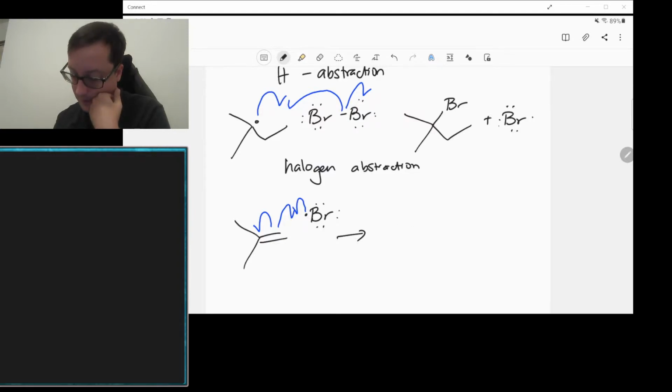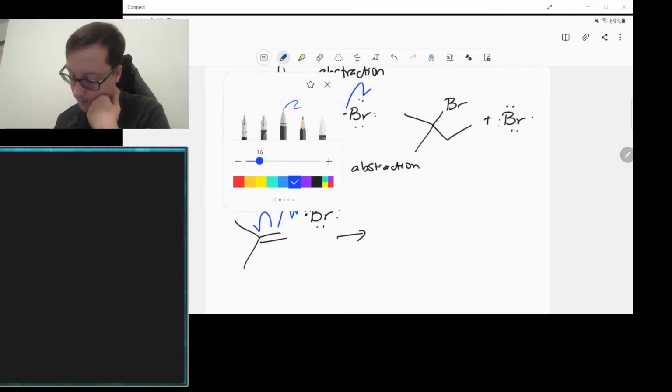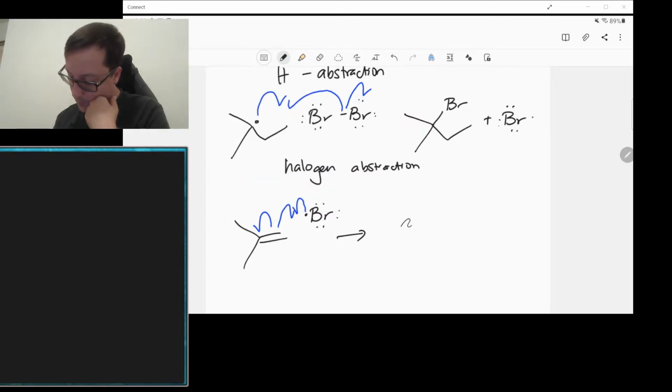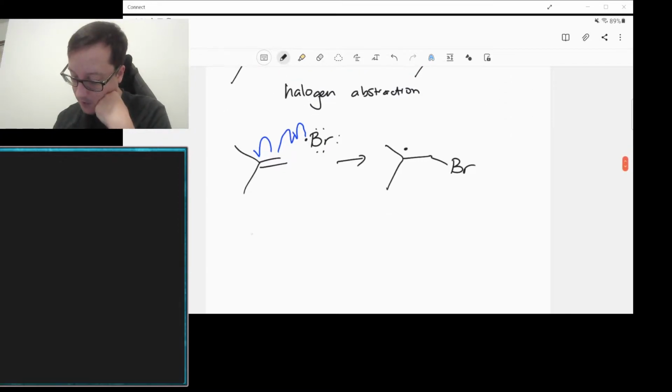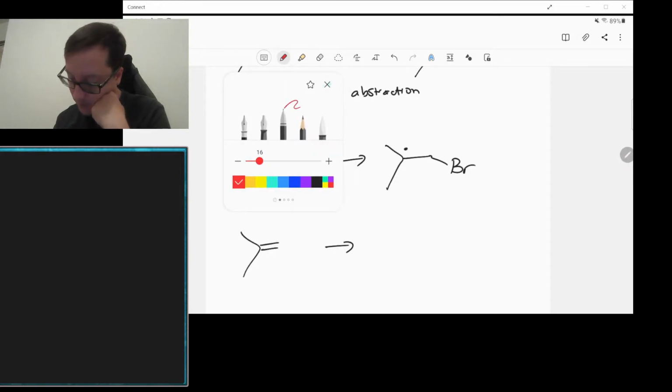And notice again, look at the arrows. We're forming a bond between this pi bond, the carbon here, and the bromine. And we're also forming a radical. So we are forming a radical here, and we're going to form a bond to bromine. How do we know that's the case? Well, if we did the arrows the other way, this way, by the way, is not going to happen, but we'll see that in a minute.